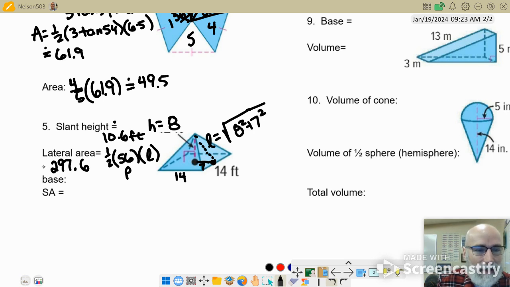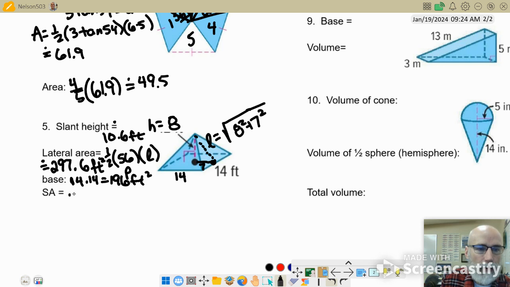I'll put approximately equal to, right? It was exactly this, but now I've rounded it, and so I've got to put square feet on that too. It's an area. Base. I need to know what the base is. So that's 14 times 14, because it's a square. 14 times 14 is 196. So 196 square feet. And then it wants the surface area.